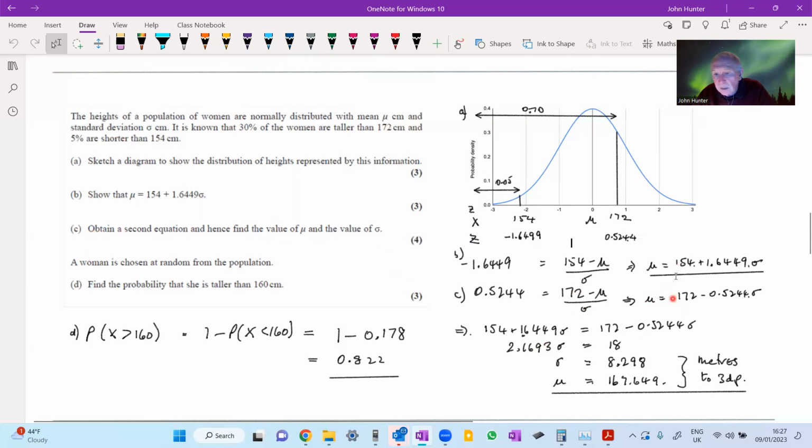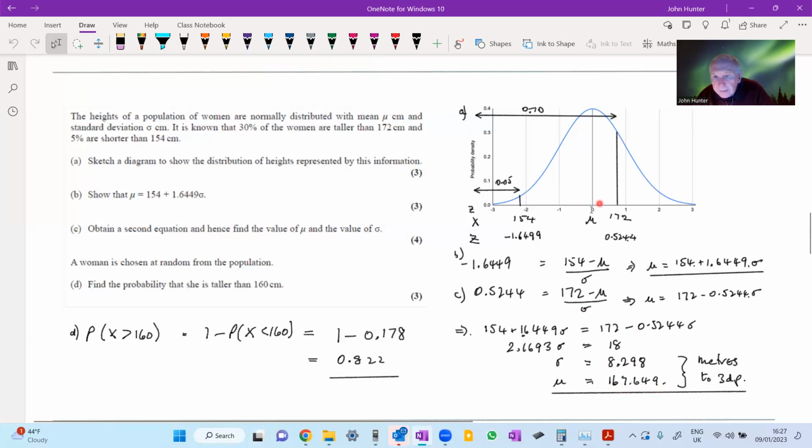If we solve these simultaneously, we won't go into that, obviously, eliminating mu in the first place, finding sigma, and then we can substitute sigma into one of these equations to find mu. And this is what we find: sigma is 8.298 and mu is 167.649.